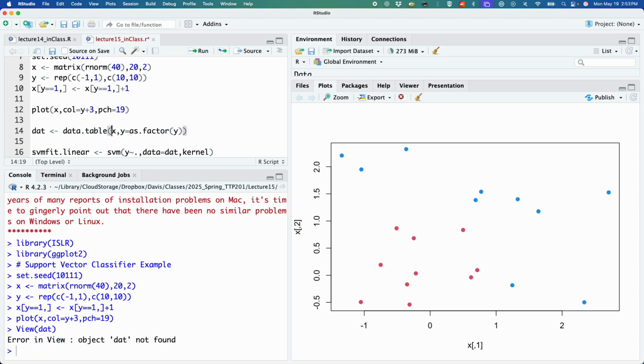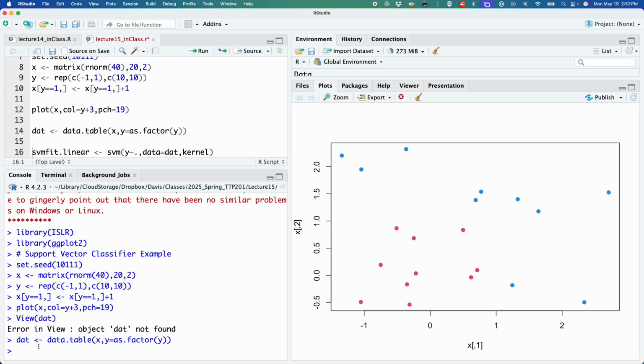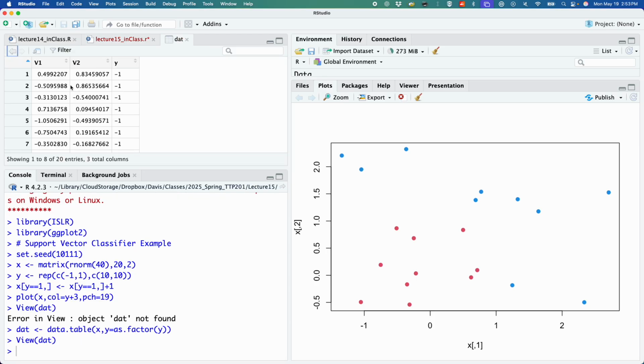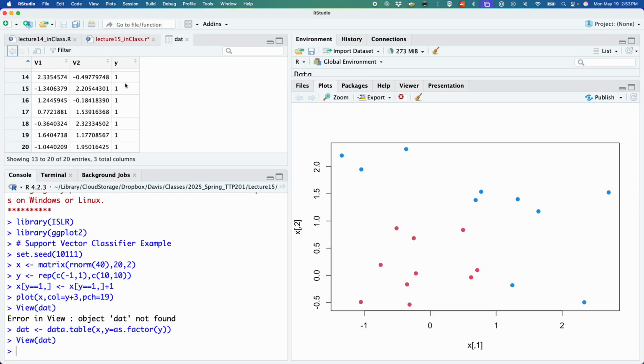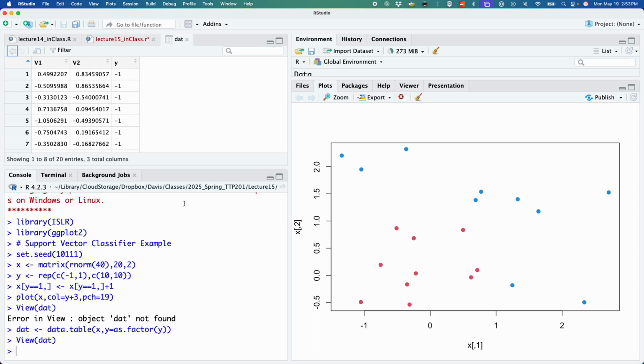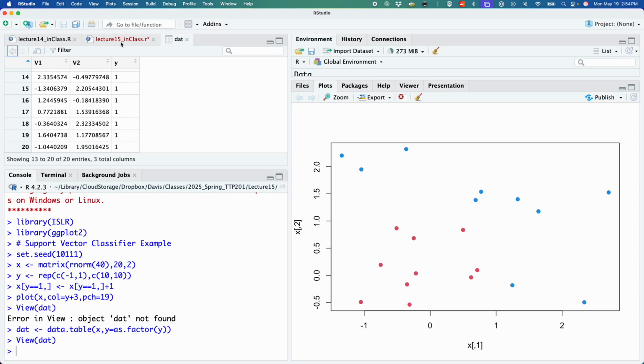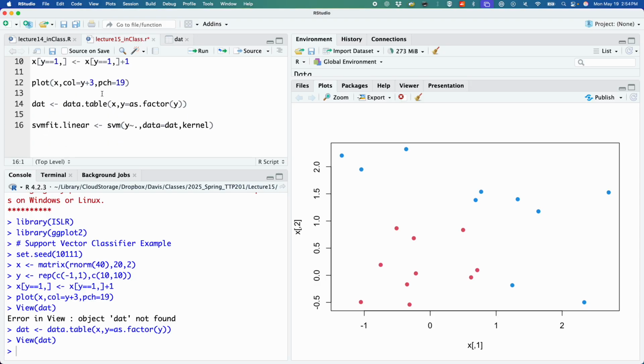Oh, I didn't run it. Okay, and so we have our y, our v1, and our v2, which is just x1 and x2, and you can see all of the data points. And the y, if it's -1, it's red, and if it's positive 1, it's blue. Okay? So for kernel, we're going to choose a linear kernel. Cost is 10. Scale false.